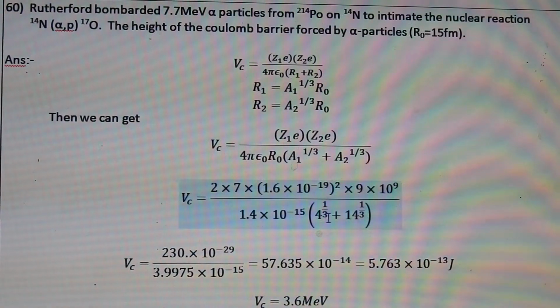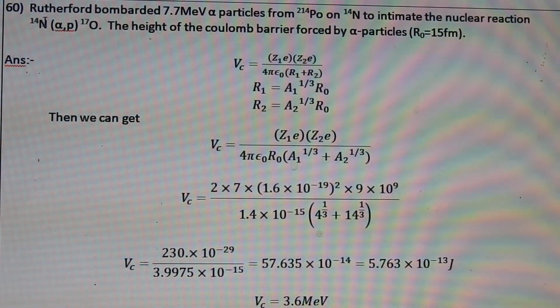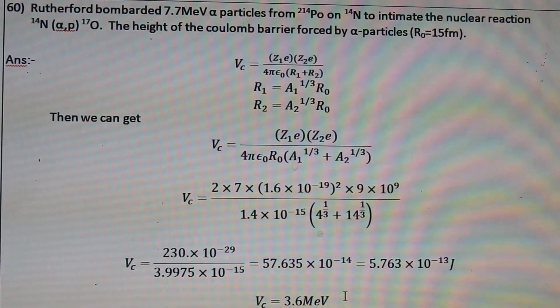A1 value for the alpha particle, mass number is 4, power 1 by 3. A2 is 14, the mass of the nitrogen where it is incident, that nucleus power 1 by 3. If you simplify it, you get Vc equals 5.763 times 10 to the power of minus 13 joules. It is converted into million electron volts, then it becomes 3.6 million electron volts.